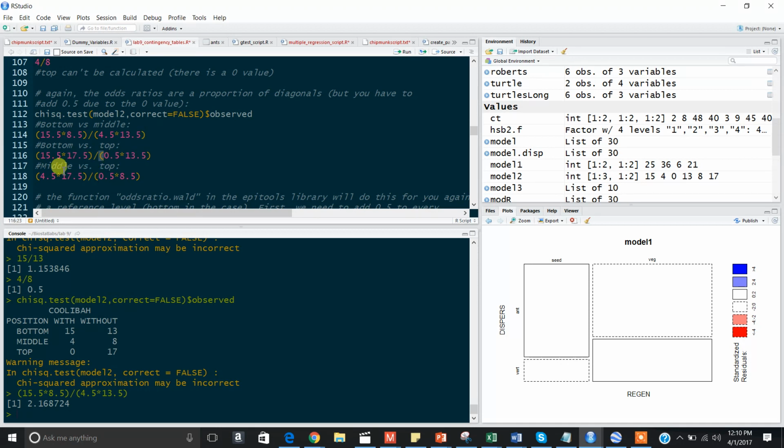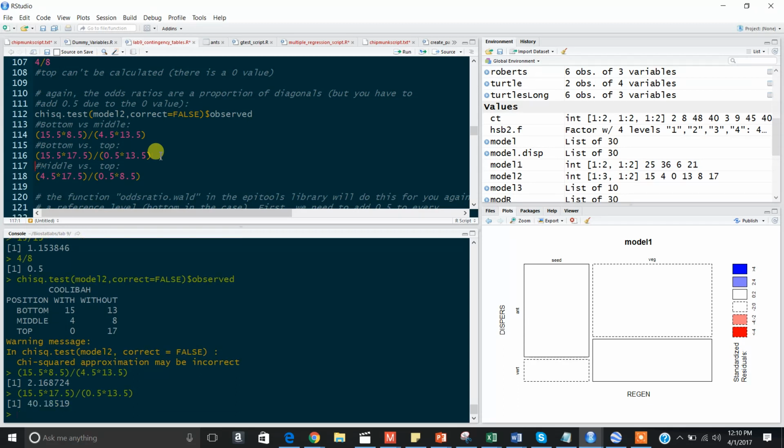Now, the odds ratio for bottom versus top, we're going to do 15.5 times its diagonal. Now its diagonal with the top is 17.5. So we'll do 15.5 times 17.5 divided by 0.5 times its diagonal at the bottom, which is 13.5. So the odds of having tree decay in the bottom of the floodplain versus the top is 40.19, which is huge.